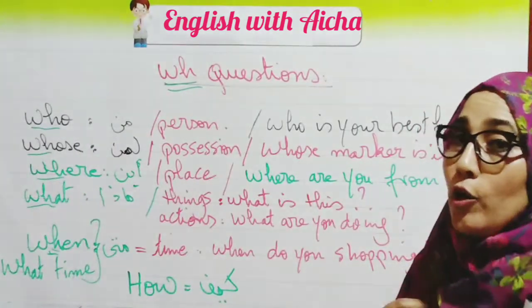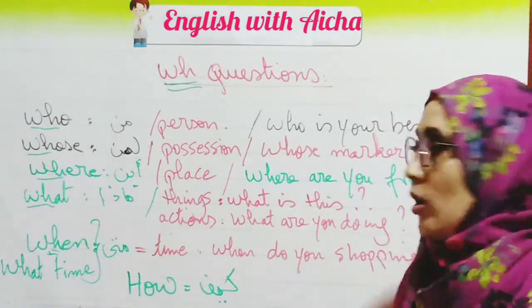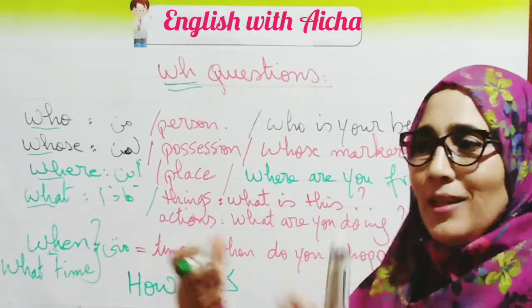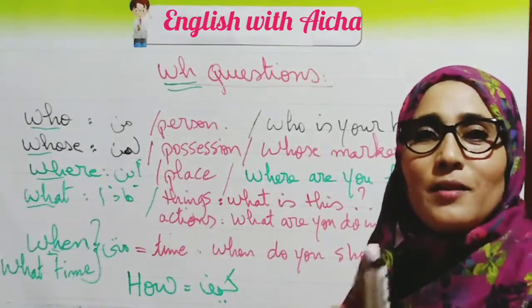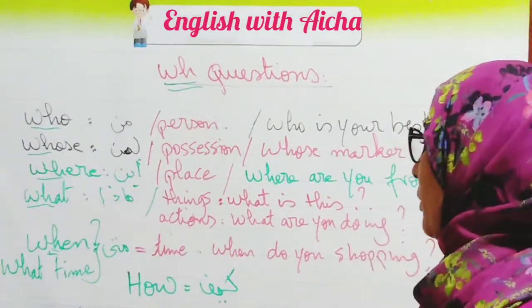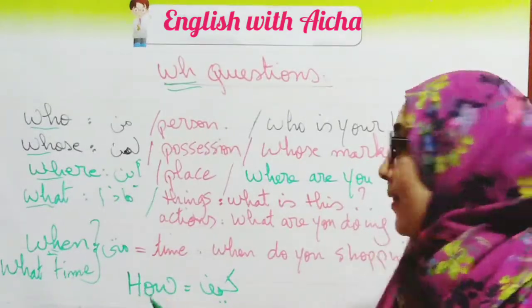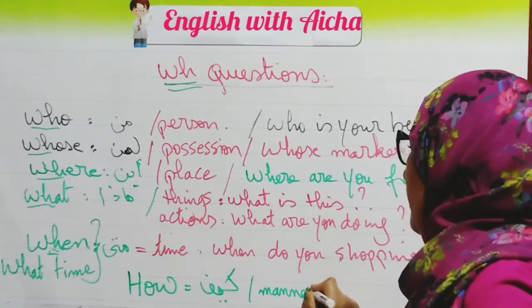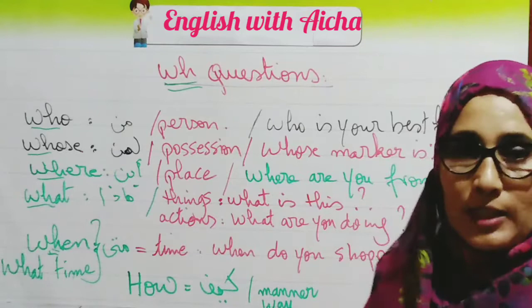I go by car. Which way I use my car. Or how do you make a cake? Means tell me the way, give me the ingredients and tell me the way you make a cake. So here when you say how, means that you are asking for the manner or the way you do something.